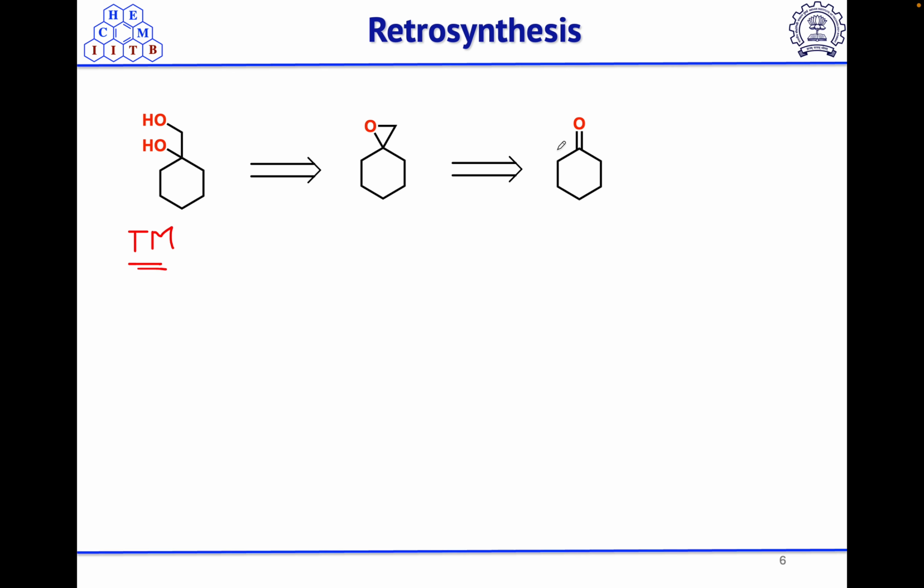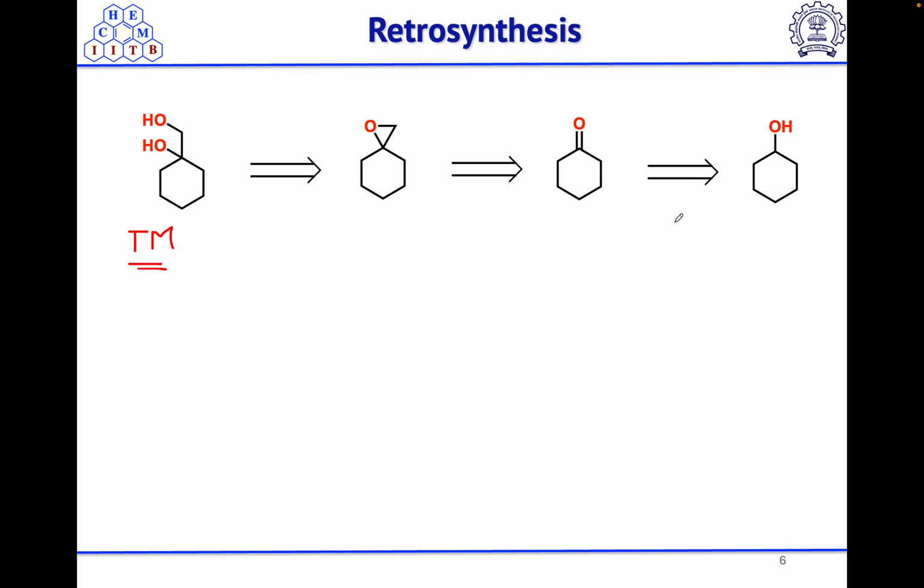If you treat any carbonyl compound with a sulfonium or sulfoxonium ylide reagent, you will directly get this epoxide. So we can apply this methodology here. Now this carbonyl compound we can get from this alcohol by oxidation.